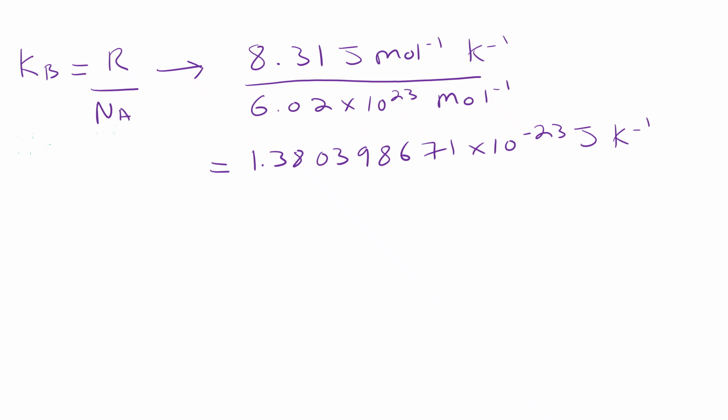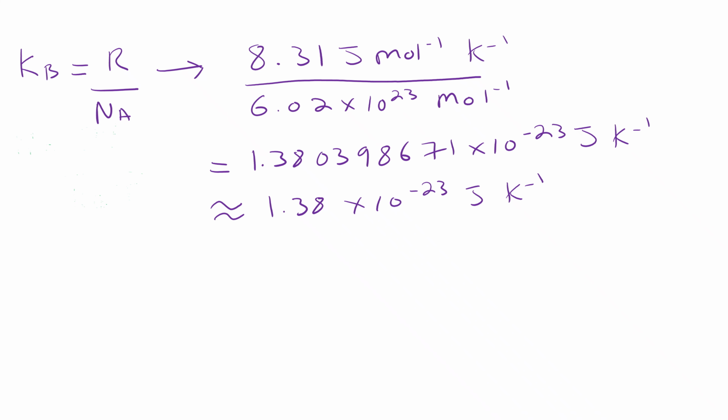But if we round to three significant figures, we would get an answer of 1.38 times 10 to the minus 23rd joules per Kelvin, which is the value of Boltzmann's constant.